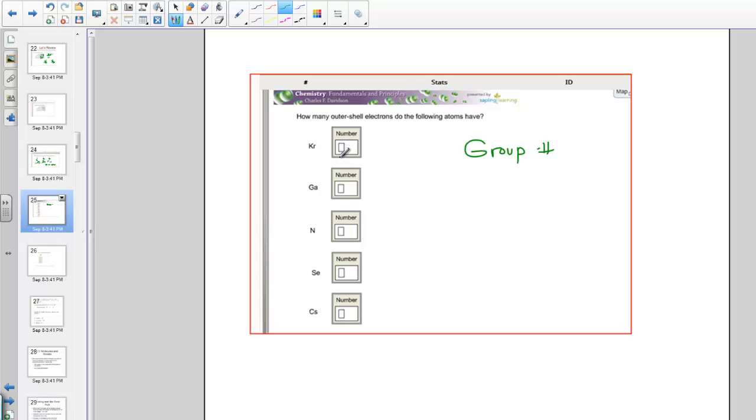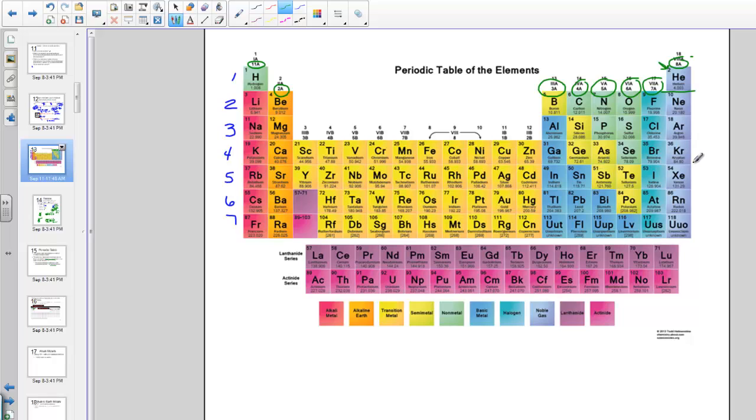We're going to type a number into your Sapling assignment, where the number represents the number of electrons. For instance, with krypton, I think we found that one earlier. The symbol is Kr. Krypton lives right here, group 8A, 8 valence electrons. I think I remember cesium here, group 1A, and so forth.